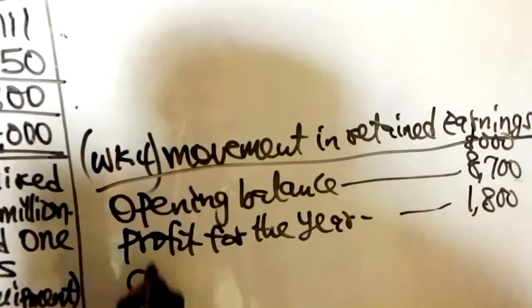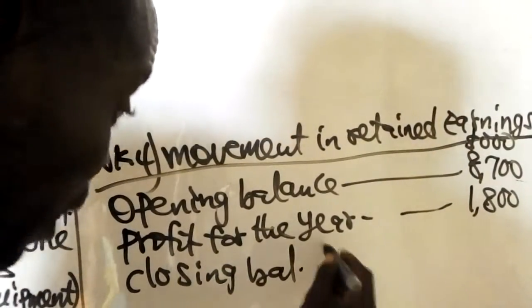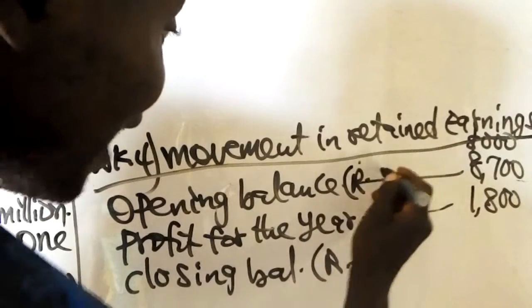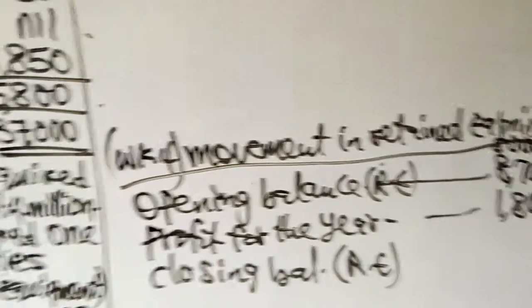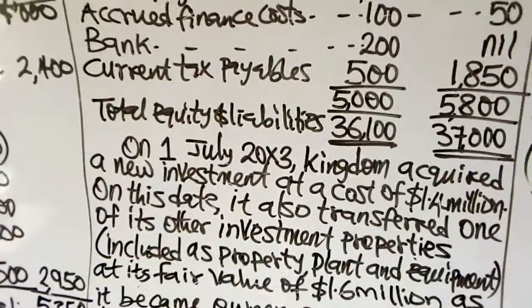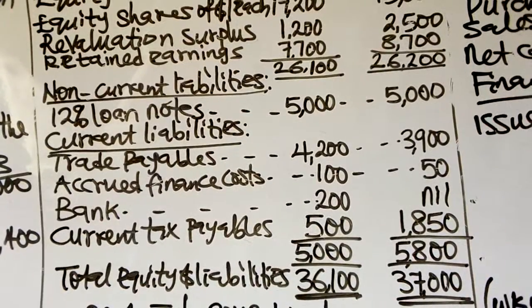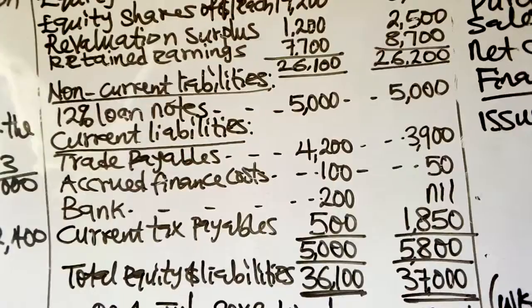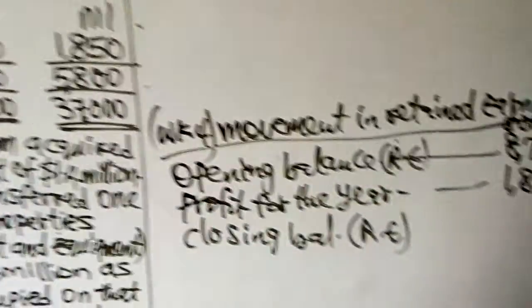Then you have the closing balance of retained earnings, which is given to be 7,700.